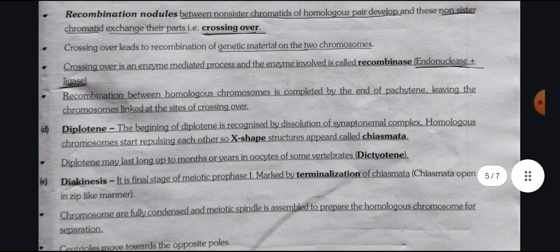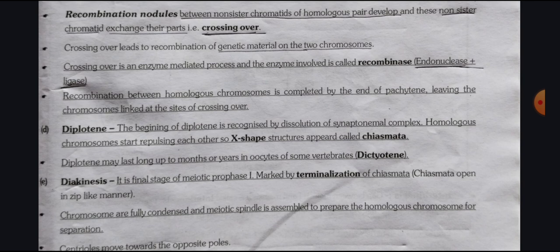Crossing over leads to recombination of genetic material on the two chromosomes. It is an enzyme-mediated process, and the enzyme involved is called recombinase, endonuclease plus ligase. Recombination between homologous chromosomes is completed by the end of pachytene, leaving the chromosomes linked at the sites of crossing over.